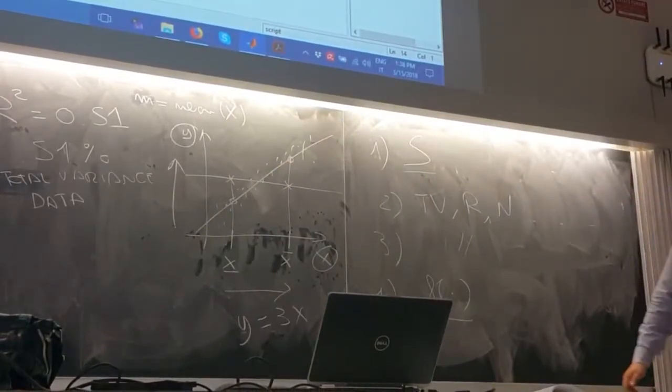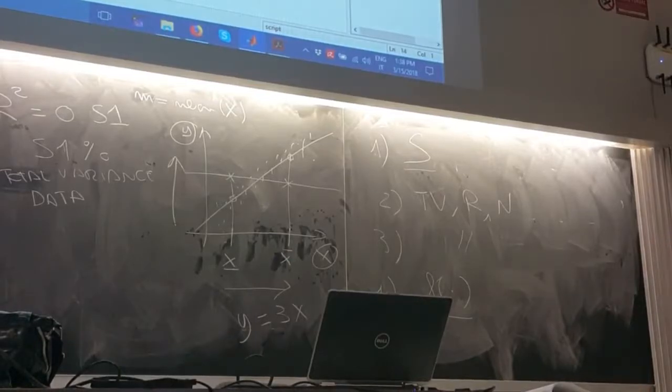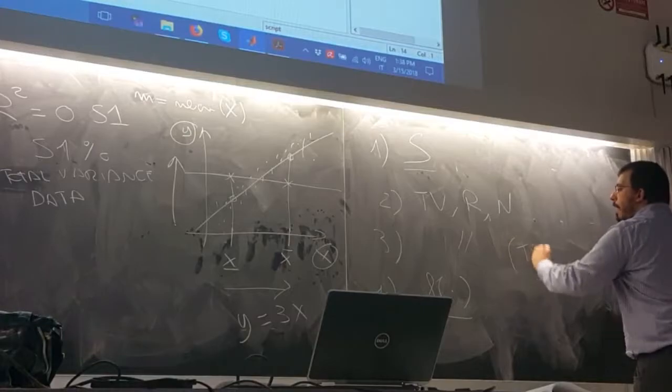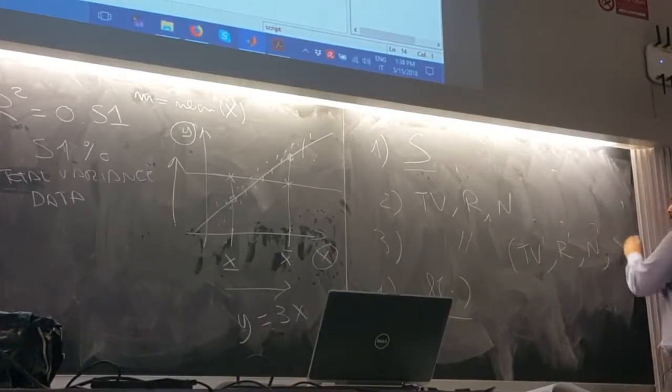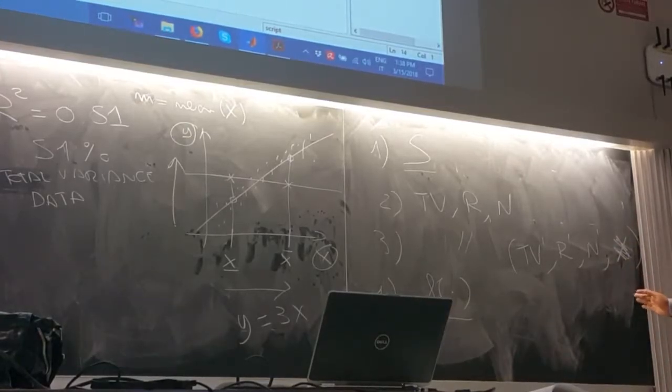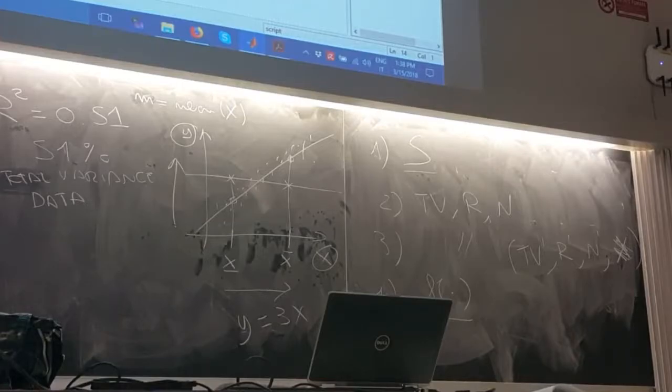Again, when we have a new data point, we are expecting a value for TV, a value for R, a value for N, but no value for S. That's the difference. In the new point, if I had also S, I wouldn't need to predict anything. I would just have to tell S.